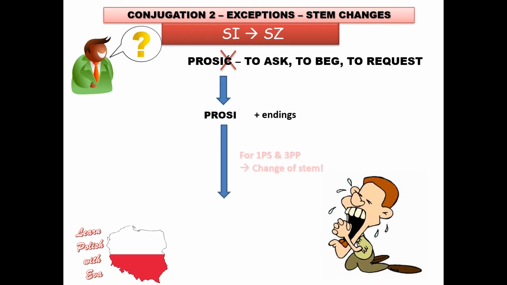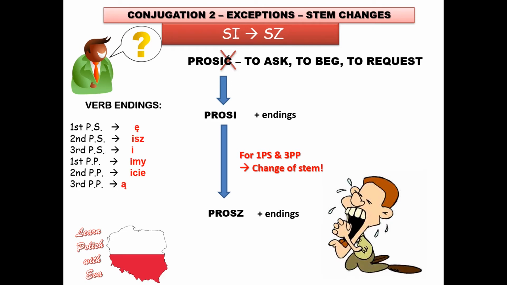Because as we remember, the actual stem change only happens in the first person singular and the third person plural. And that's why we have basically 2 stems, prosi and prosz. And that's when we add the verb endings that we see on the screen as well.